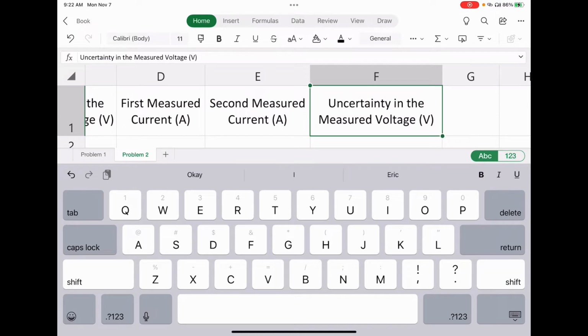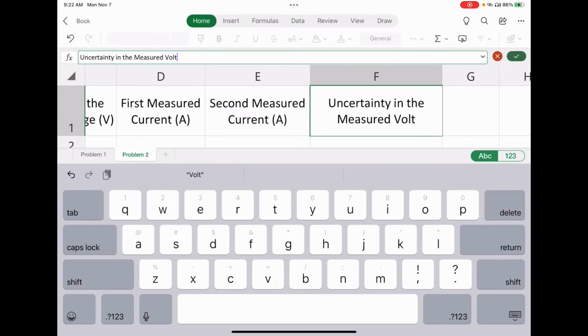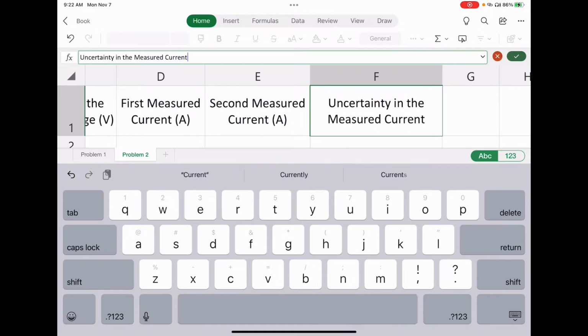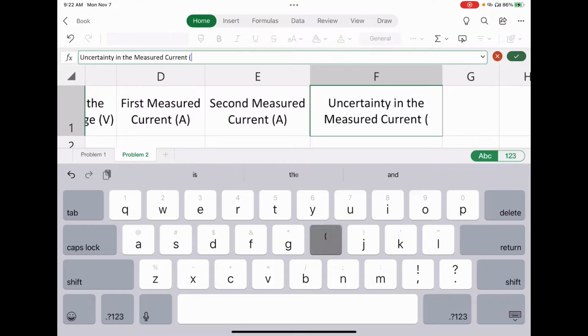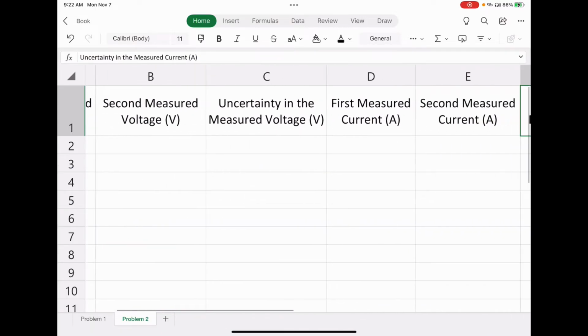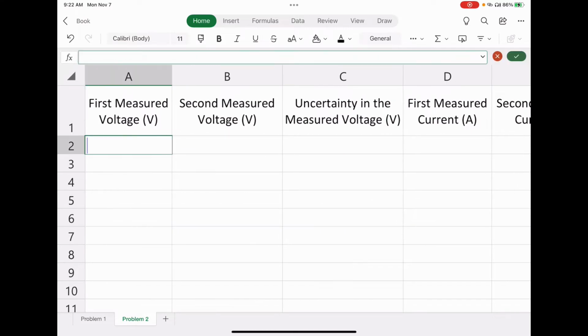Amperes. And then again, current. Amperes. Okay, let's put those values in.